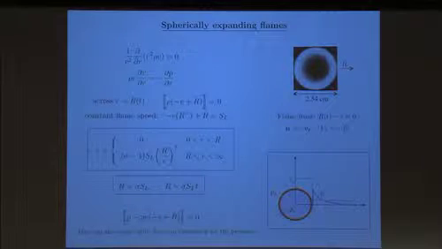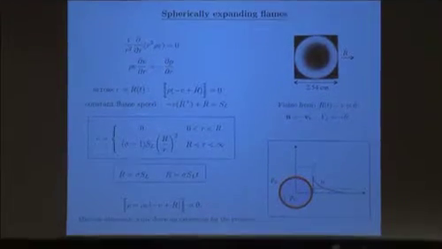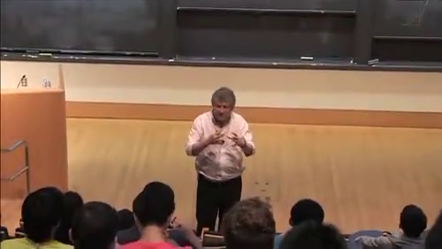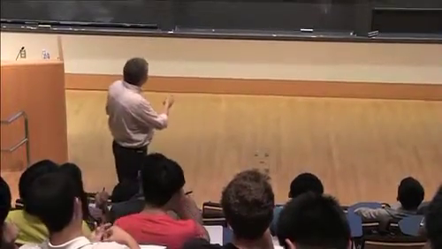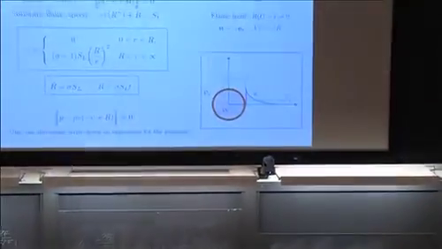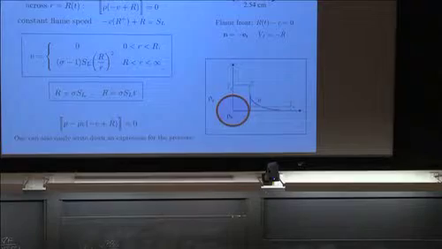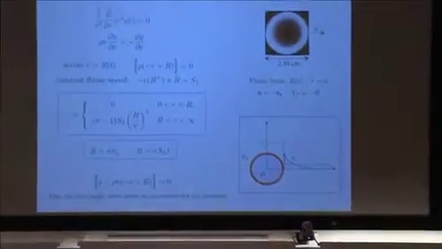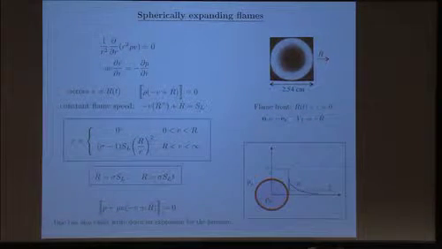So the burned gas that is enclosed by the flame remains, in fact, stationary, at 0 velocity as the flame expands out. And when the flame expands out, it sets up a velocity in the gas. First of all, there is a sharp change across the flame, of course, and then the velocity will decrease according to this relation, decrease like 1 over r square, and goes to 0 at large distances from the flame.